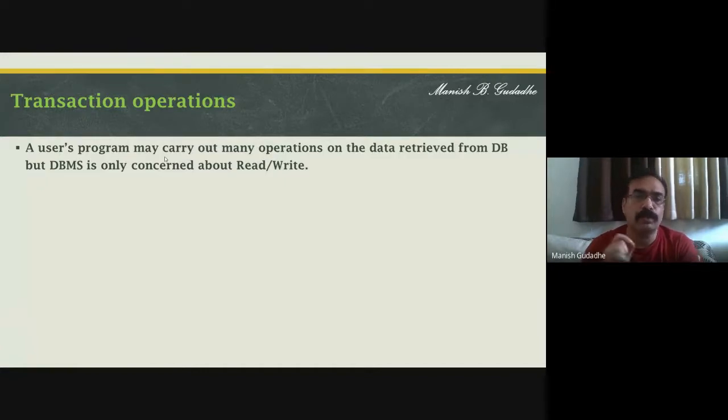Problem happens only if we are performing a write operation. When there is a write operation, we are going to update or make some changes in the data. When one transaction is trying to write the data, and simultaneously some other transaction comes and tries to make changes, there will be a conflict.